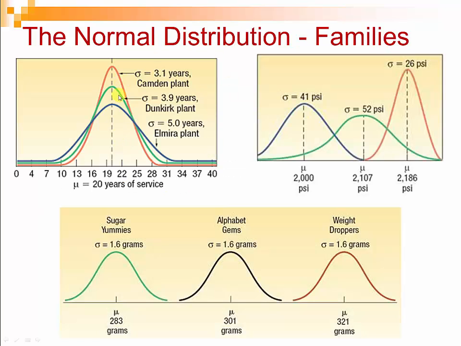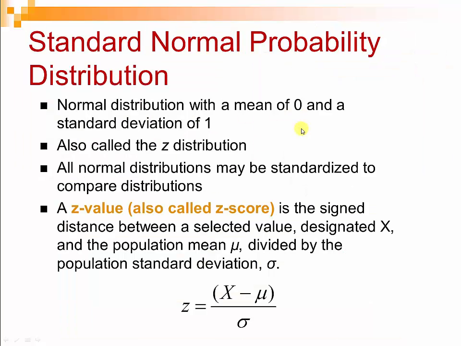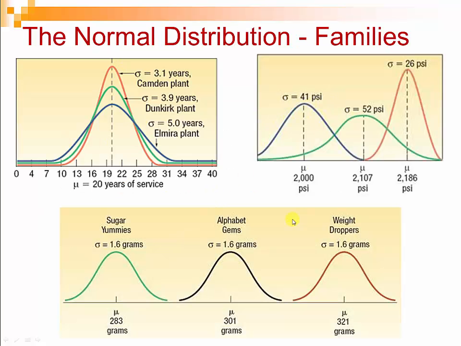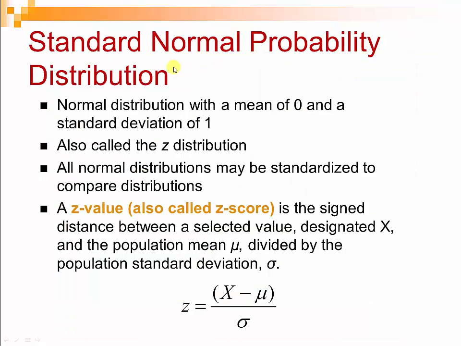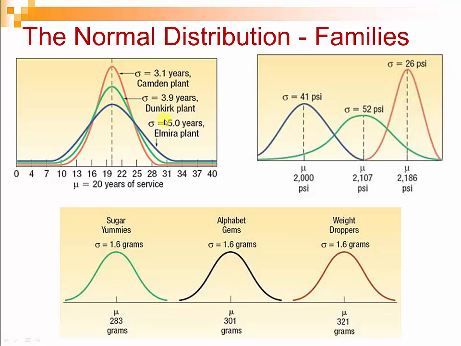So any of these different distributions in this example can be converted to a standard normal probability distribution. If we can convert any of these to a standard normal distribution and use that as our basis, we can then compare each of these distributions against each other.